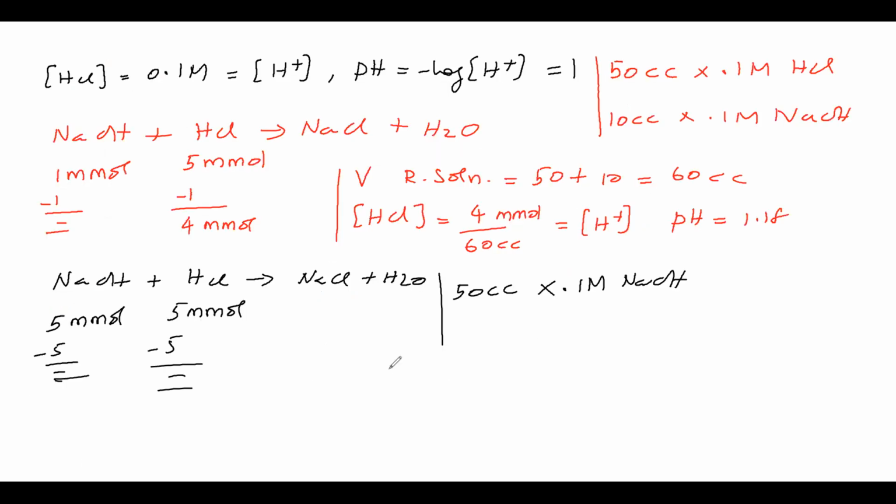So now we are adding sodium hydroxide into HCl. Therefore, we are getting sodium chloride and water. Initially, we took 50 cc of HCl solution, whose concentration is 0.1 molar.